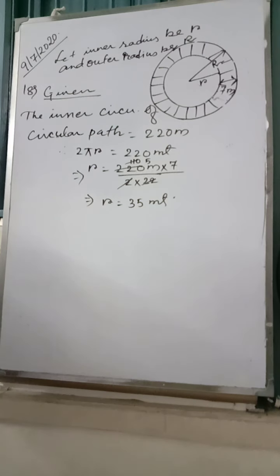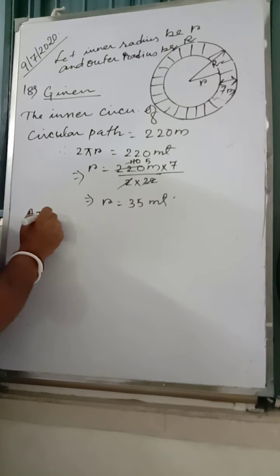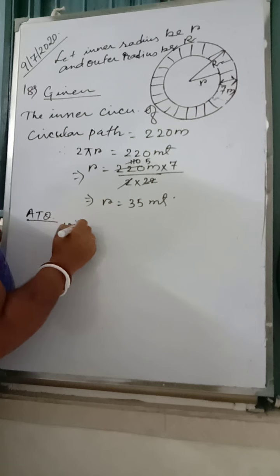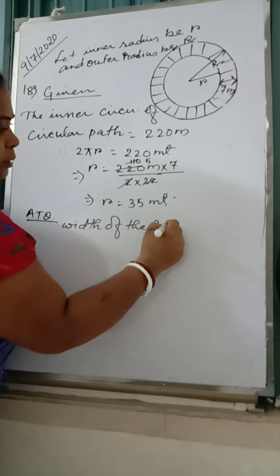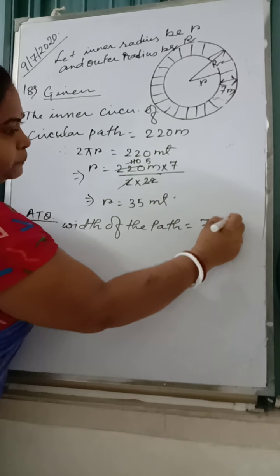The width of the path, according to the question, is equal to 7 meter.